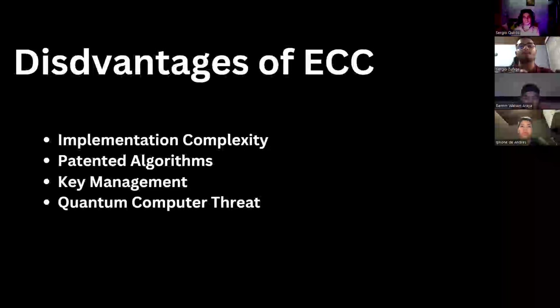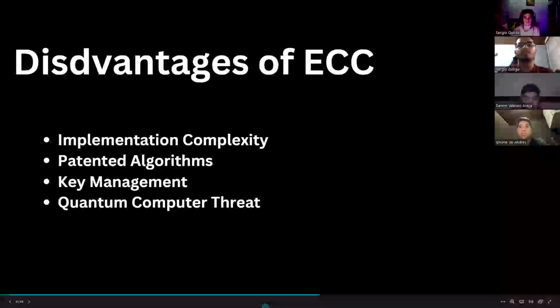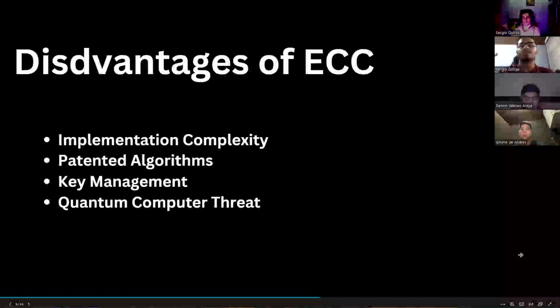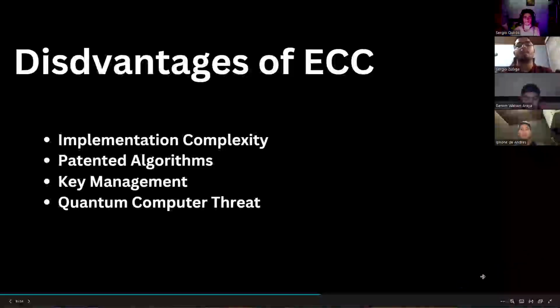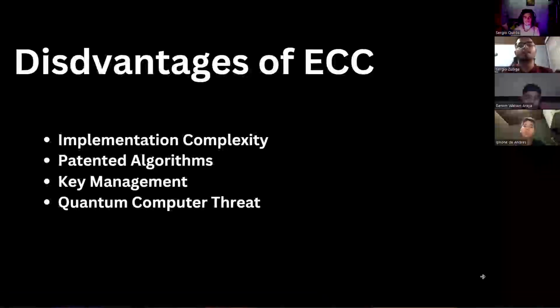So now we have the disadvantages. Well, first, the implementation complexity. Implementing ECC correctly requires expertise and attention to detail. Errors or vulnerabilities in the implementation can undermine the security of the entire system.